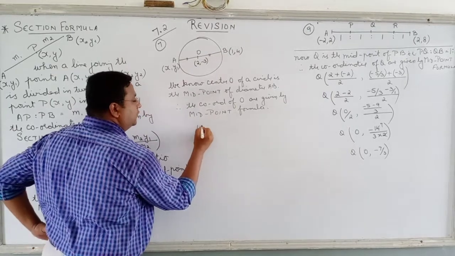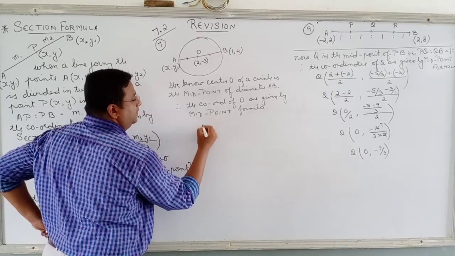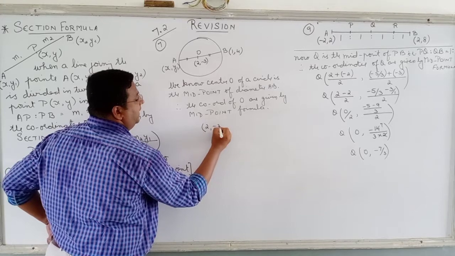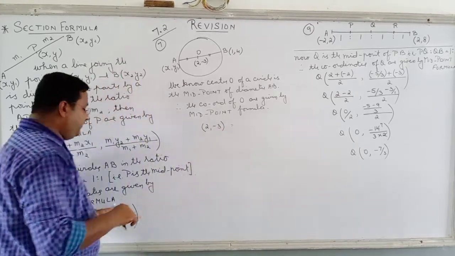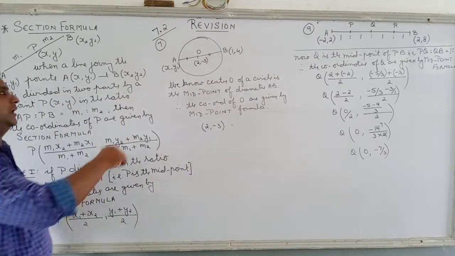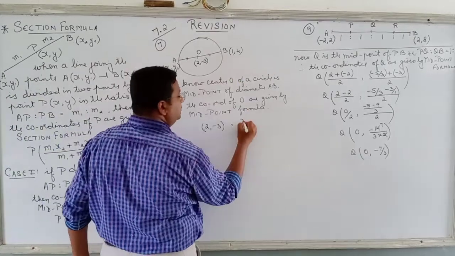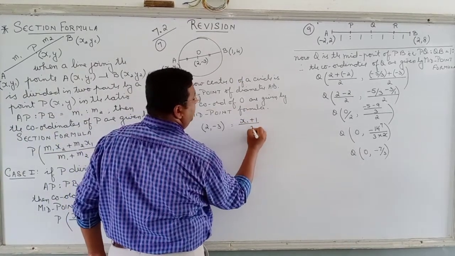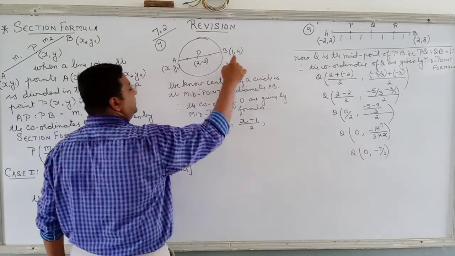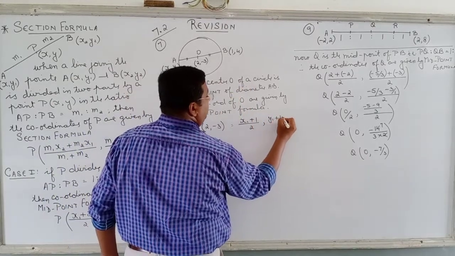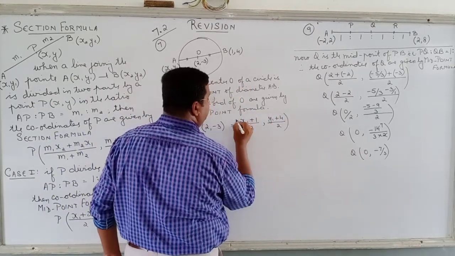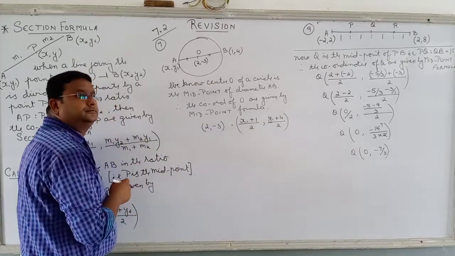So the coordinates of O, that is (2, minus 3), is equal to, given by which formula? Midpoint formula: (x1 plus 1) upon 2, (y1 plus 4) upon 2, isn't it? Yes?